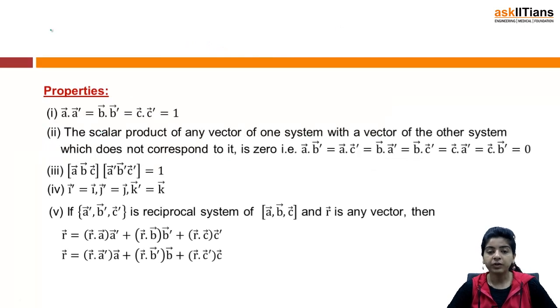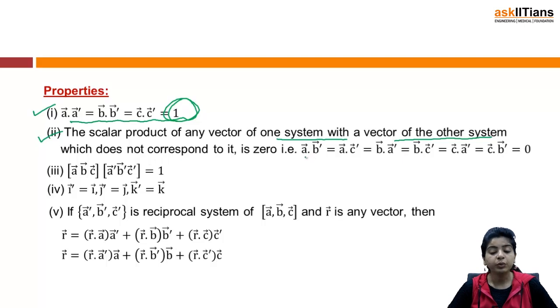Now we have certain properties based on these concepts. The first one says A dot A', that is with the reciprocal system as we have just discussed, this product is 1. And the next one says the scalar product of any vector of one system with a vector of the other system that does not correspond to it is 0.